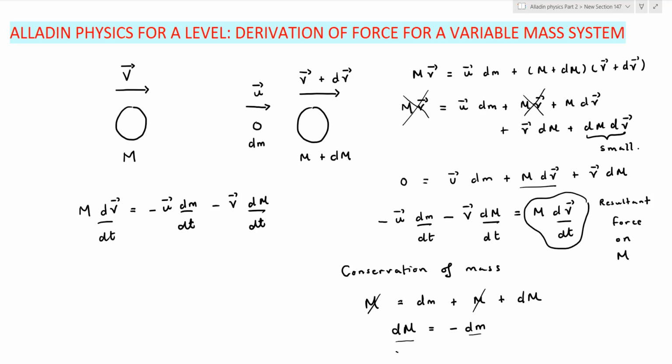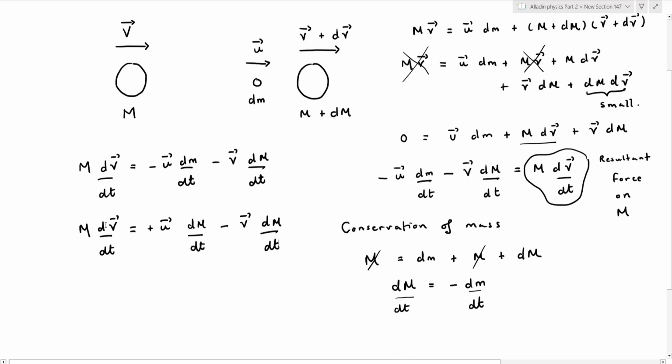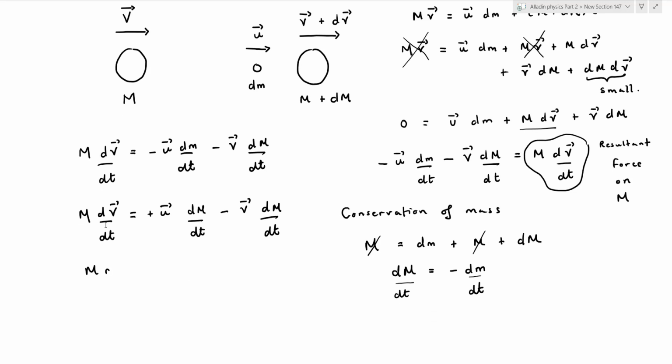So I can divide by dt to obtain it in terms of per unit time, and I get M dv vector by dt equal to minus u vector dm by dt minus v vector dM by dt. I can substitute now the dm by dt, and it becomes like this, a plus dM by dt minus v vector dm by dt. So now we can rearrange a little bit more and obtain it like this.